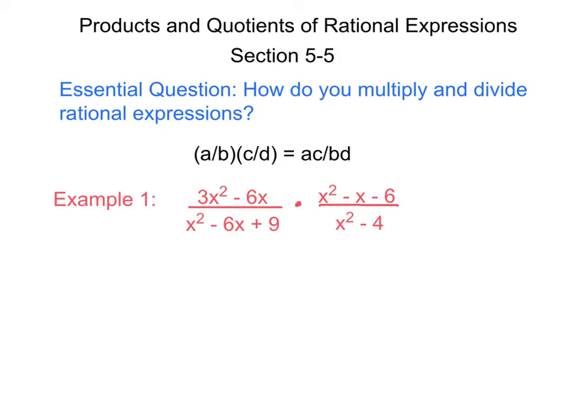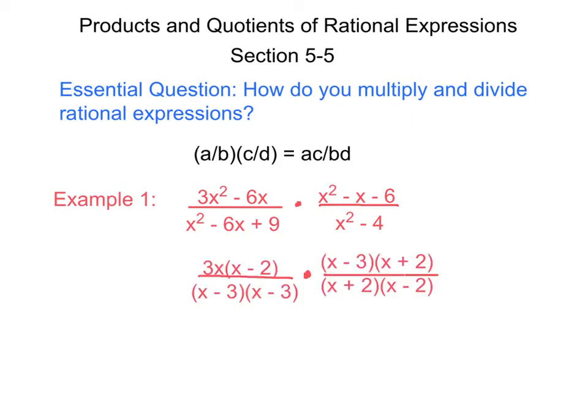You could simply multiply it straight across, as is, or you could attempt to factor as many of these as you can and make cancellations as necessary. So let's take the latter approach, because I prefer to do it that way. So let's see what we can factor here and then proceed with the multiplication.